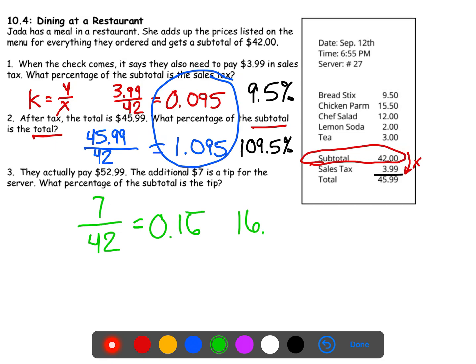Remember, it's 0.6, and these 6s are just going to continue forever, so we're going to represent that with a repeating symbol. And this is our percentage for the tip. The tip is 16.6 repeating percent of the subtotal of the bill, the $42. All right.